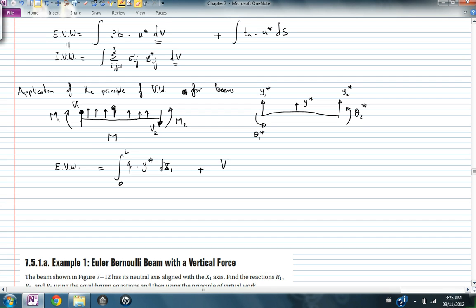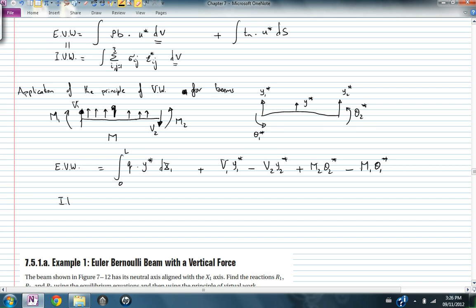I have V1 y1 star minus V2 y2 star plus M2 theta 2 star, plus or minus. The positive and negative is just according to whether the load is in the direction of the virtual displacement or opposite. So minus M1 theta 1 star. So this is the external virtual work.